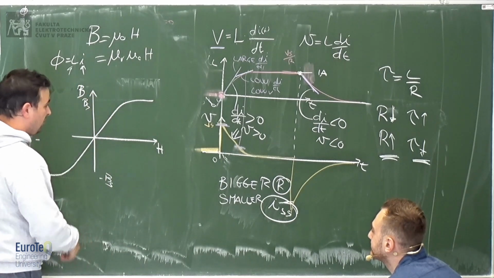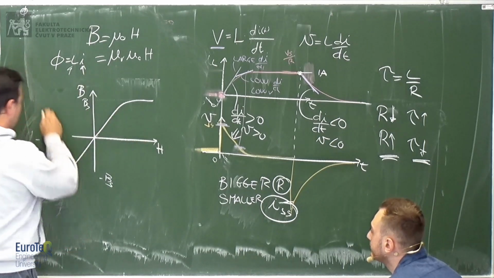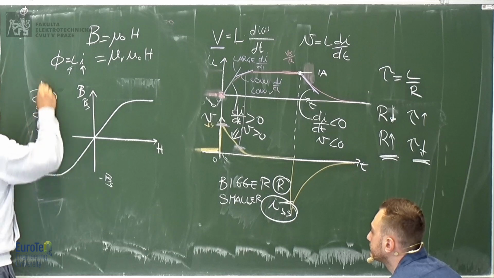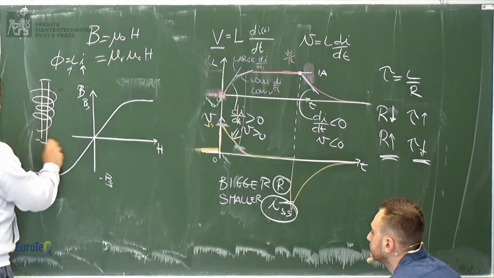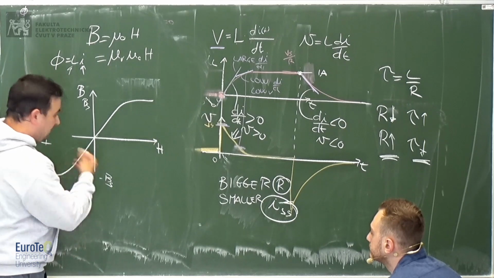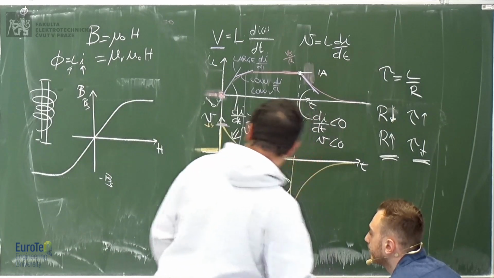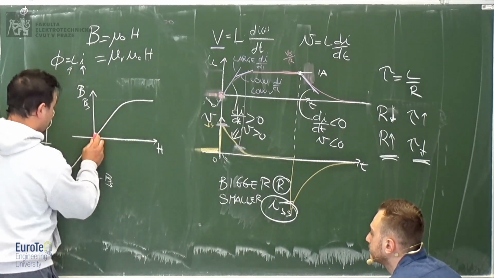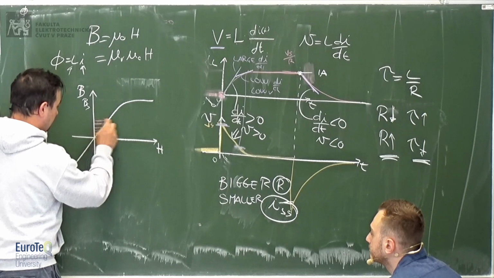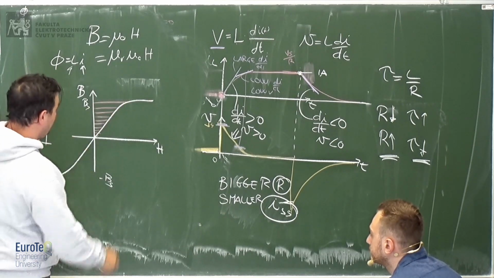So what happens when you put some current in the inductor? Let's say that now we have our inductor and there is a piece of ferromagnetic material inside, and it has this characteristic. You give some energy, we saw it before, it is this area when you go there.